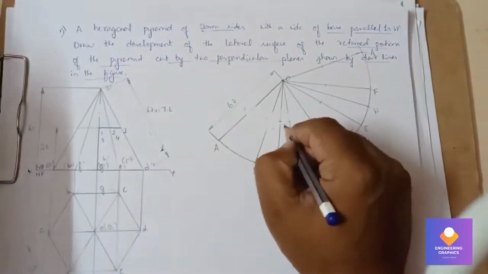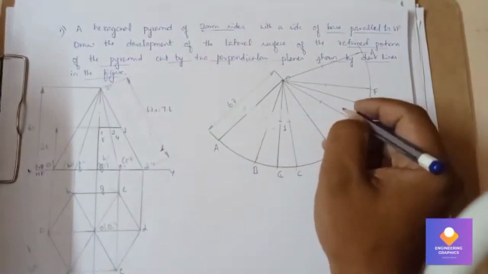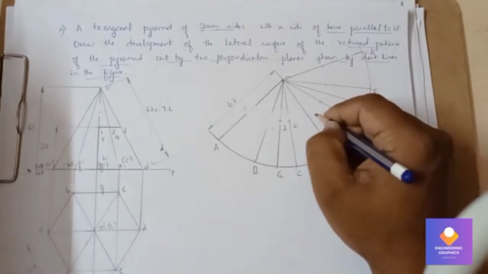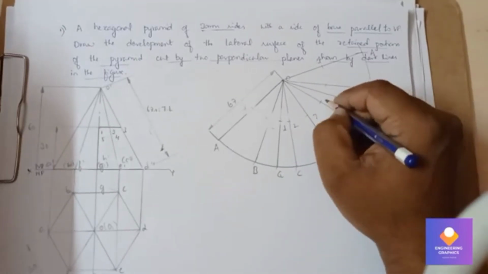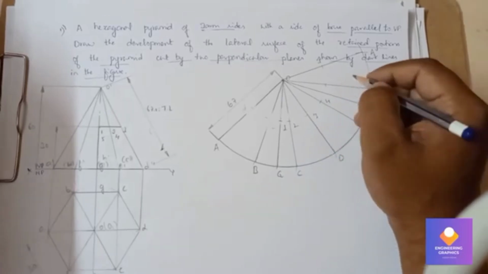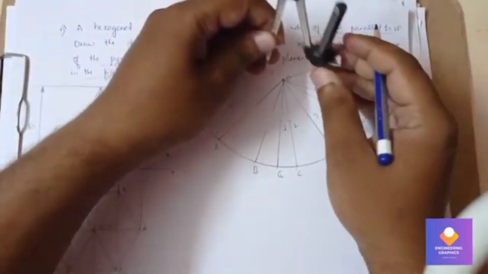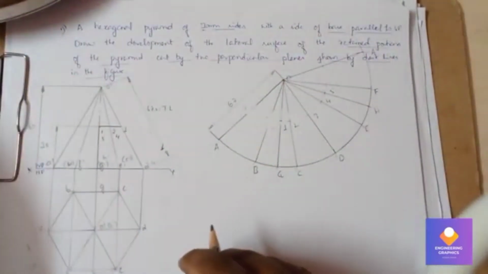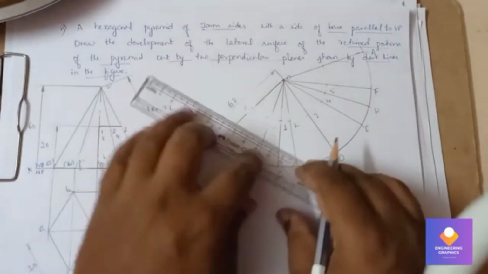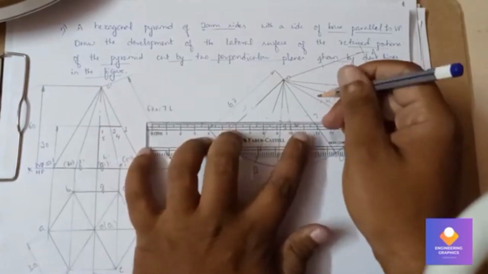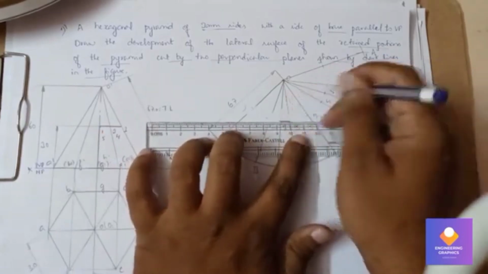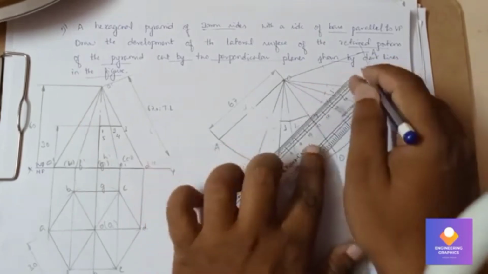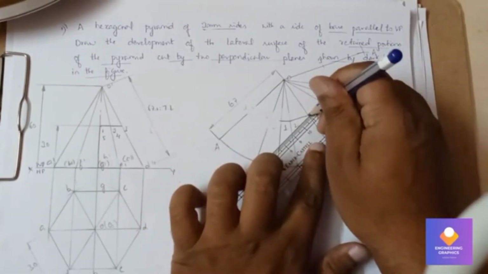So that is 1. Next it is on the C, 2, 3, 4, and we have 5. So we should join this with the help of a straight line using a scale.